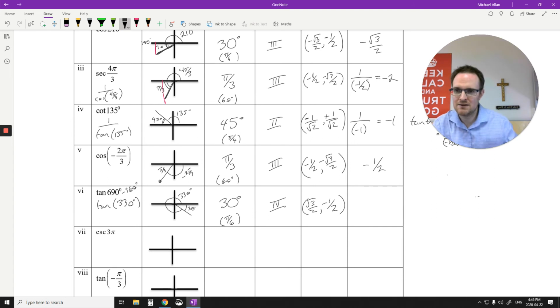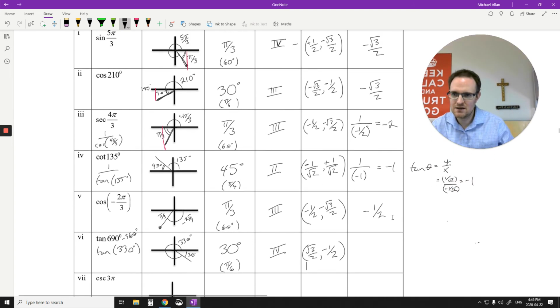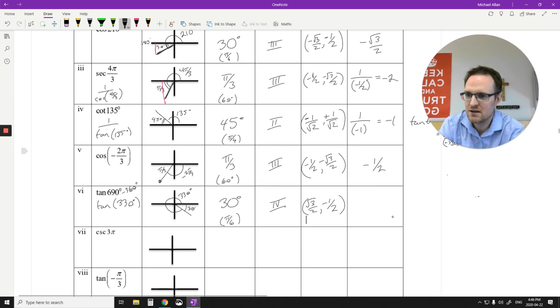So remember, tan is underneath my picture here. It's y over x. So y is negative 1/2. X is root 3 over 2. Take the reciprocal, so negative 1/2 times 2 over root 3 is negative 1 over root 3.